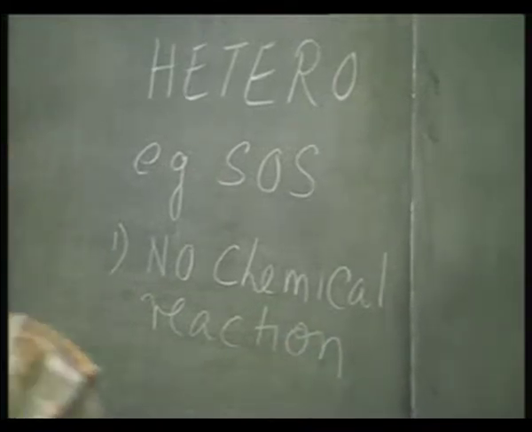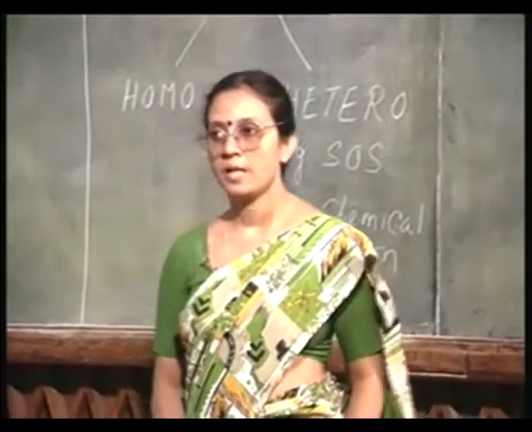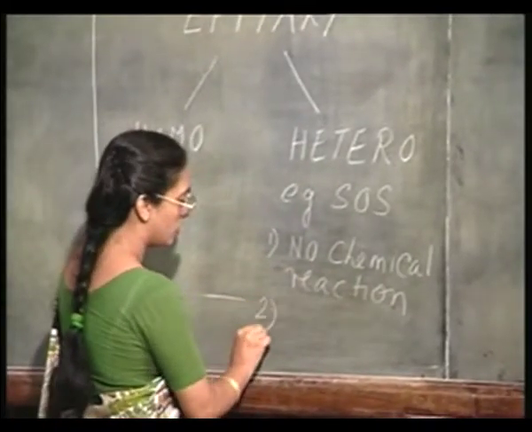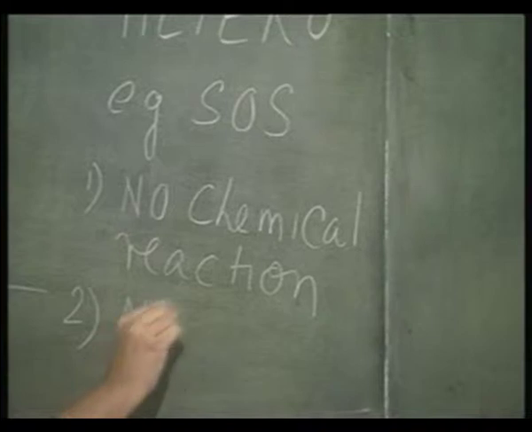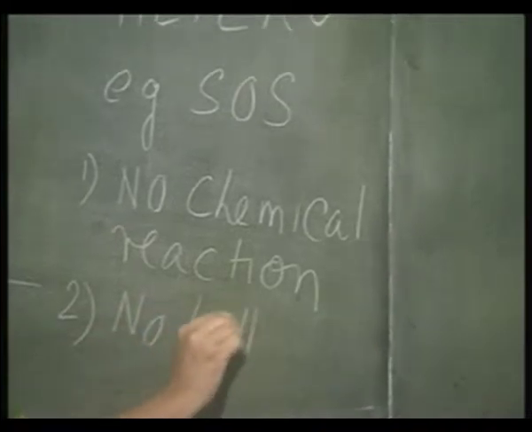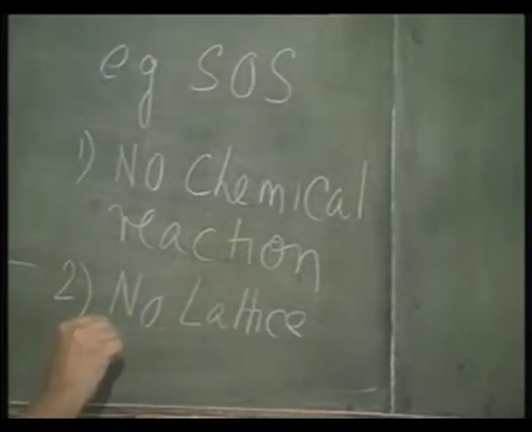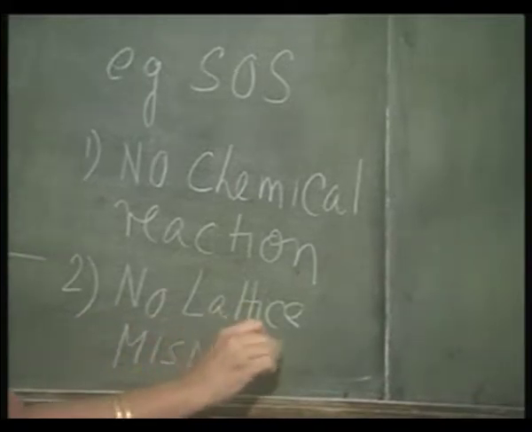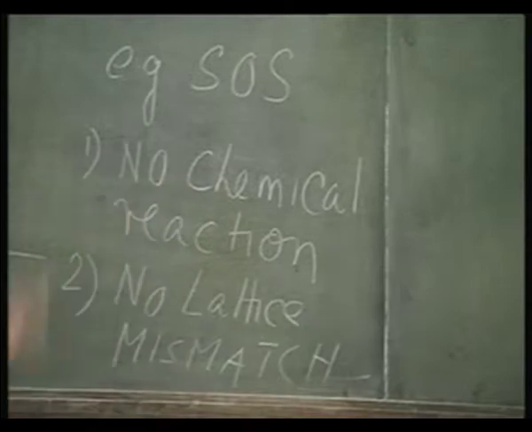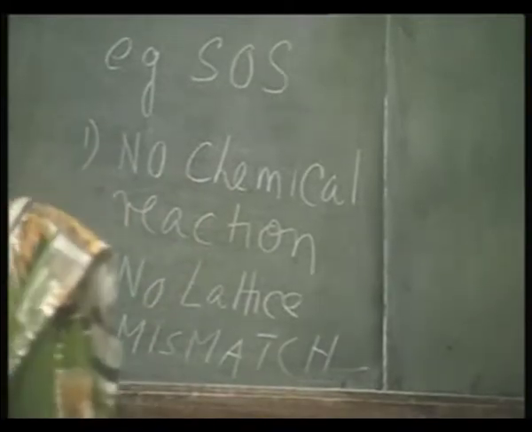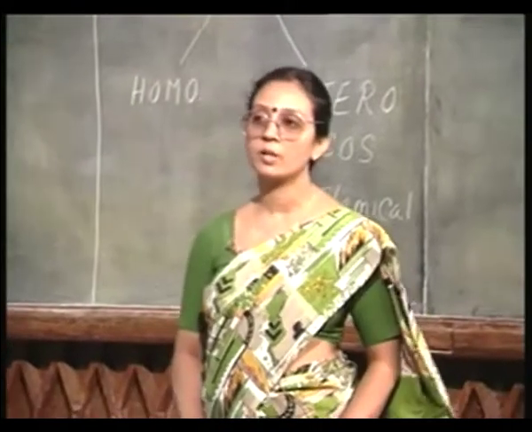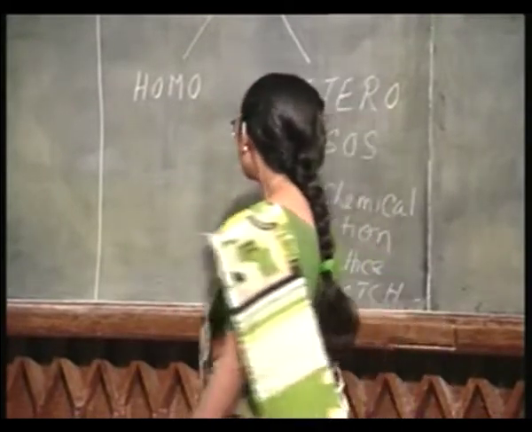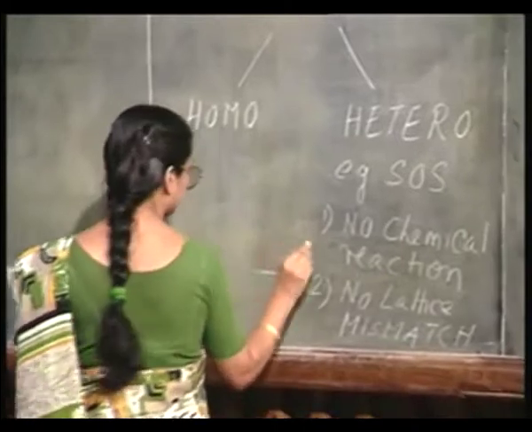There should be no chemical reaction, and then there should be no lattice mismatch, and finally, the coefficients of thermal expansion should match, that is, there should be no thermal mismatch either.